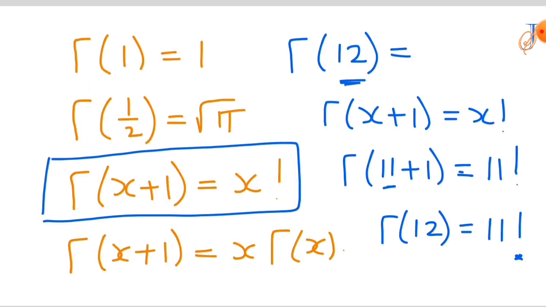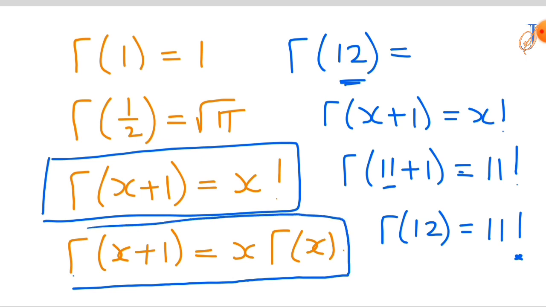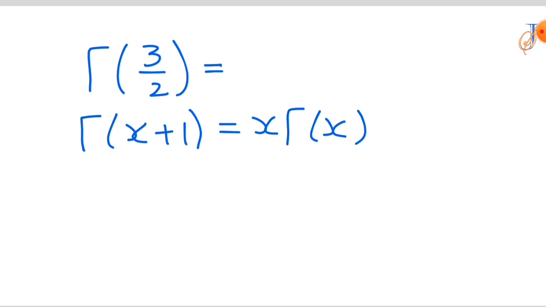Now we need to find this gamma of 3 by 2 value. Let's recall the properties of the gamma function. We have gamma of x plus 1 equal to x times gamma of x. Let's use this property. That means this 3 by 2 we have to convert in terms of x plus 1: gamma of 1 by 2 plus 1, which is the same as 3 by 2.